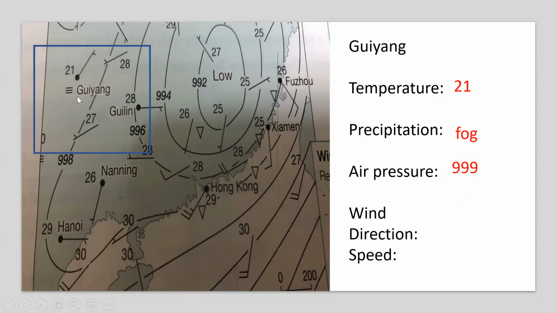How about the wind direction? This is north, this is east, so it is northeast. How about the speed? You see only a very short line here, so it's 2.5 meters per second. Any question here? If you don't have any question, we go to the next slide.